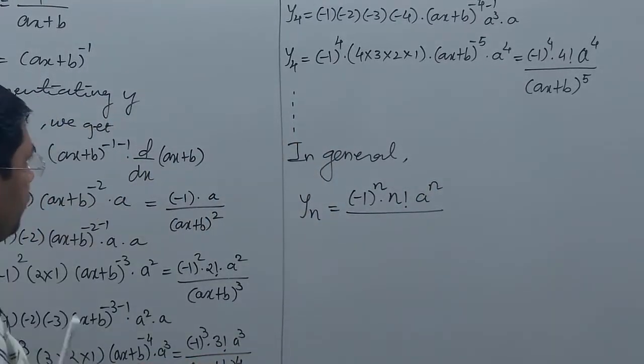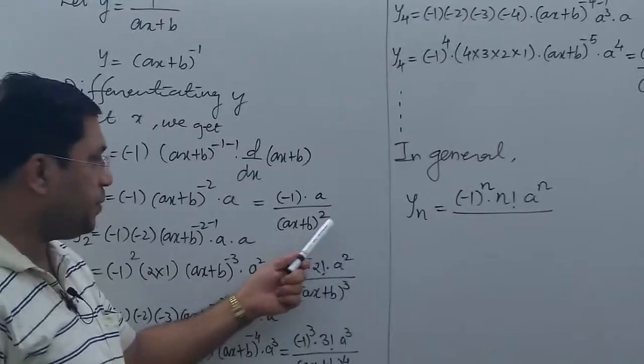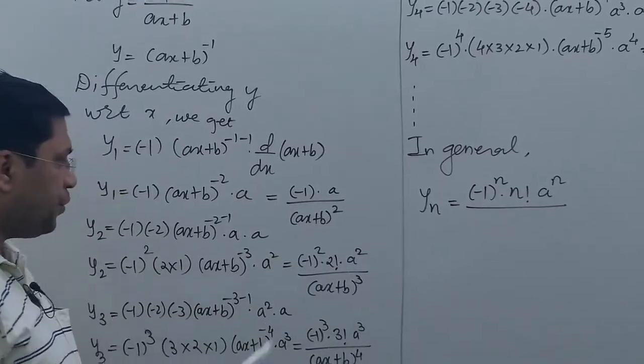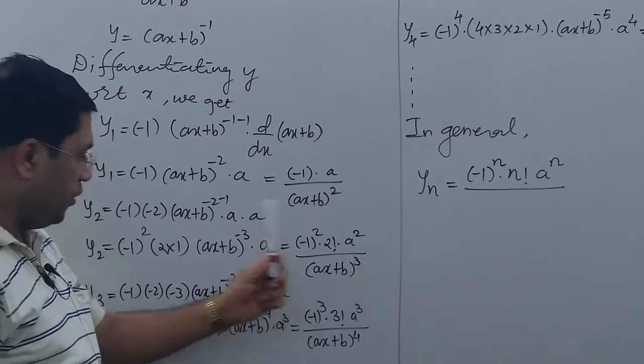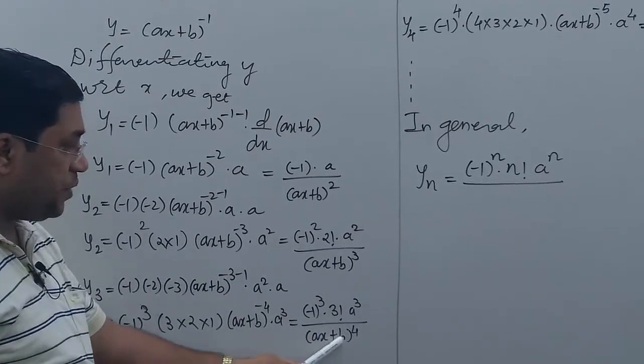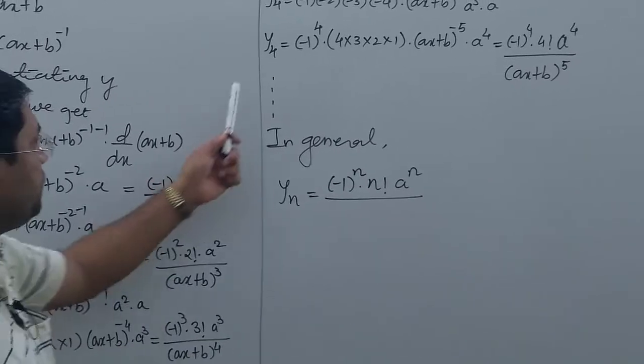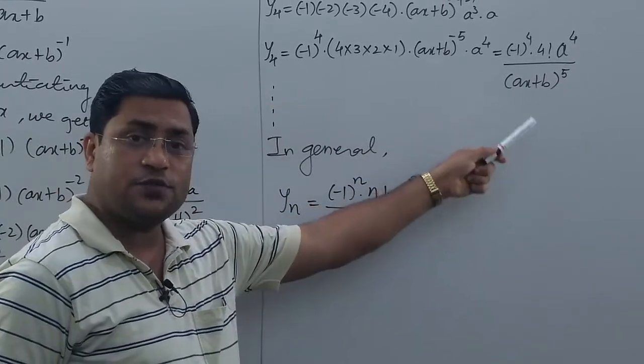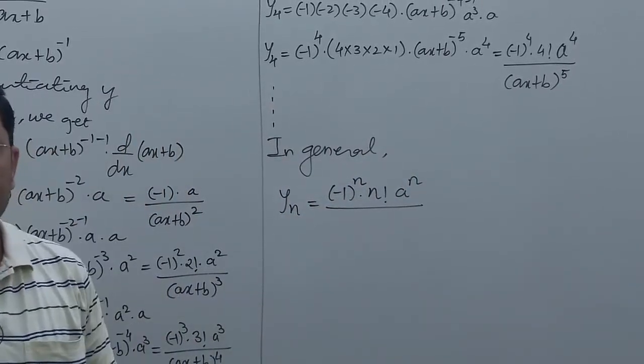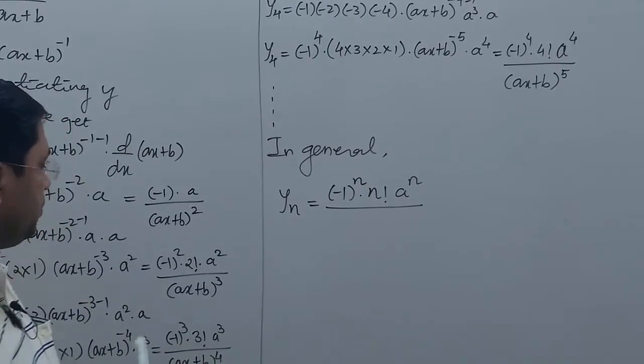Now we have to think of the denominator. For the first derivative we got (ax plus b) squared, for the second (ax plus b) cubed, for the third (ax plus b) raised to 4, and for the fourth (ax plus b) raised to 5. So we need to find the relation.